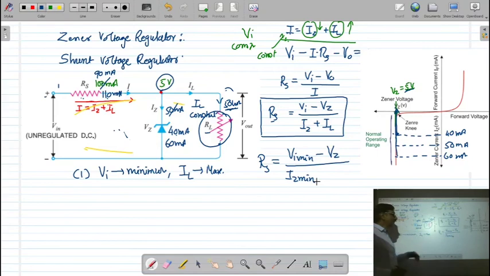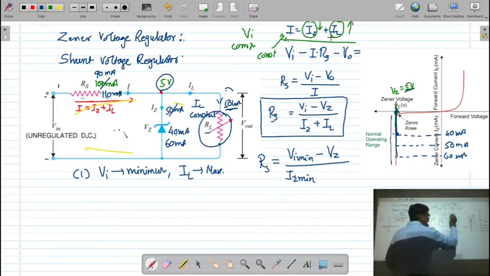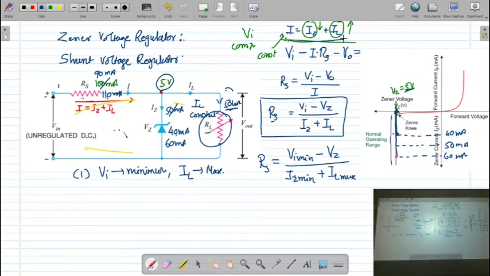And when the zener current is minimum, at that time the load current is going to be maximum, because the total current I has to remain constant. So in this worst condition, input voltage is minimum and load current is maximum, you can calculate the value of Rs as Vi minimum minus Vz divided by Iz minimum plus IL maximum.